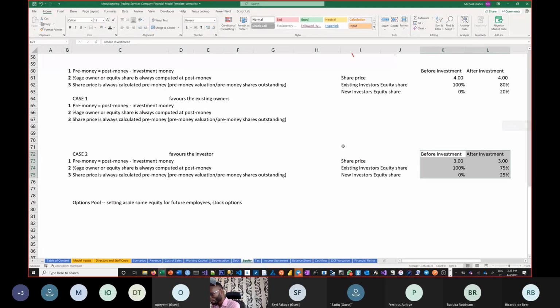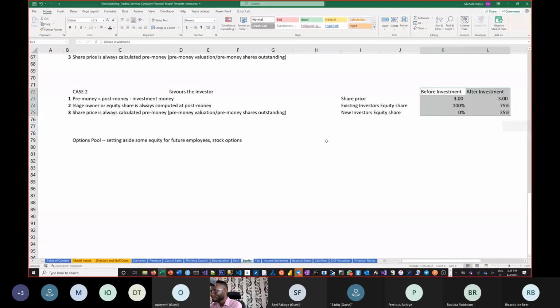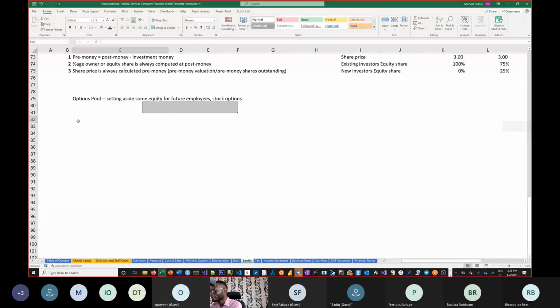Question. Investor A puts in 1 million at 4 million post-money valuation.